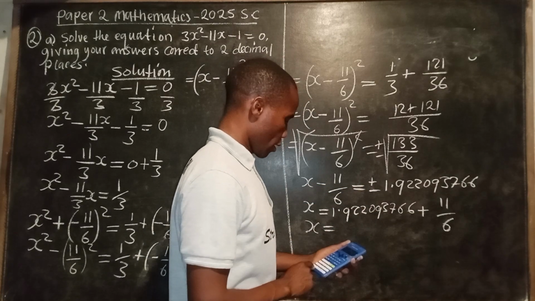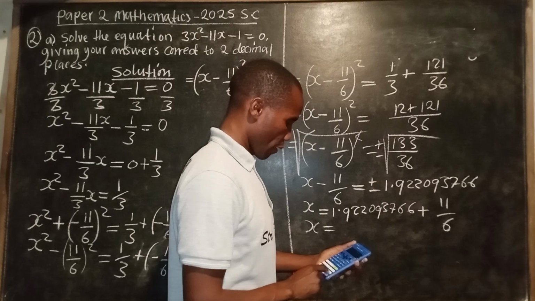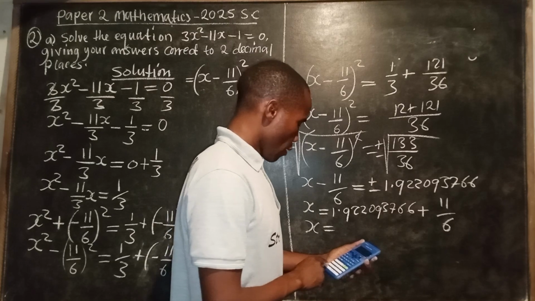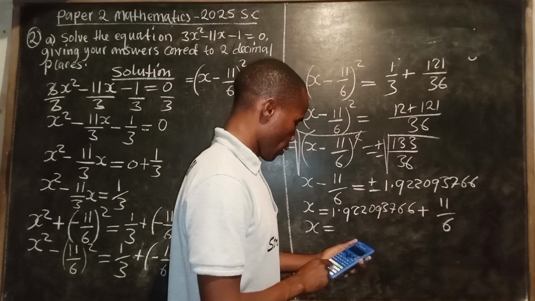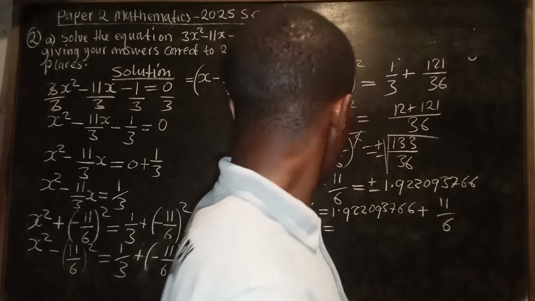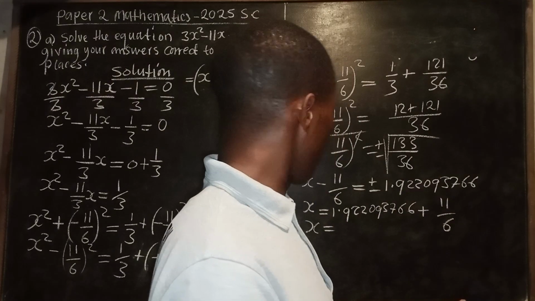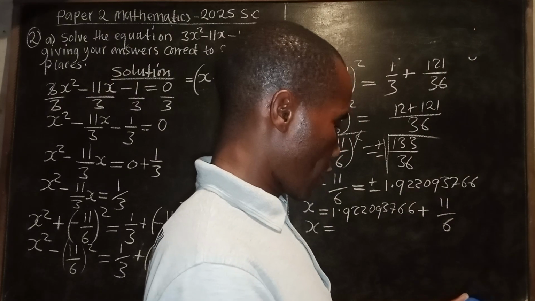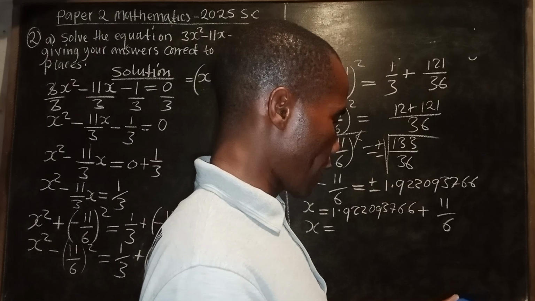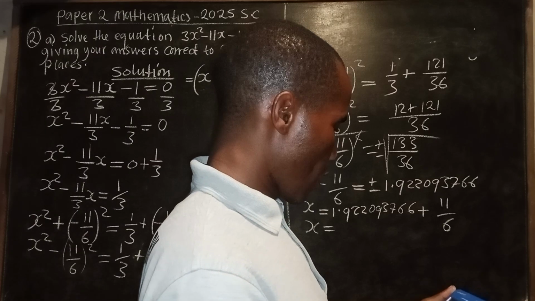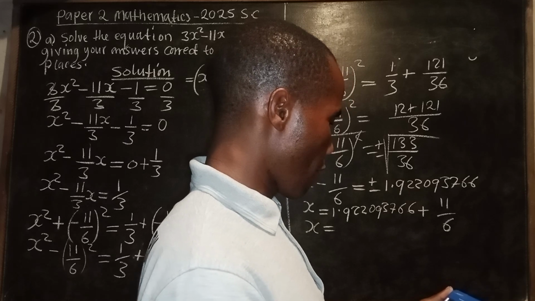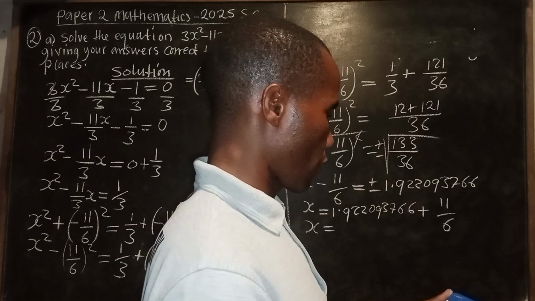Our x is going to be, let us do the calculations, 1.9220937 66 plus 11 divided by 6.